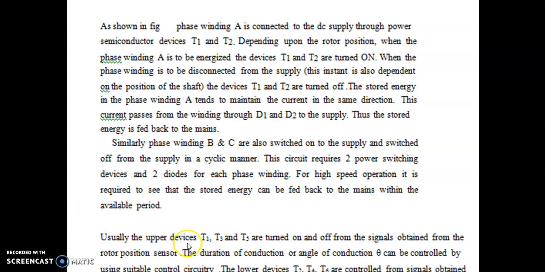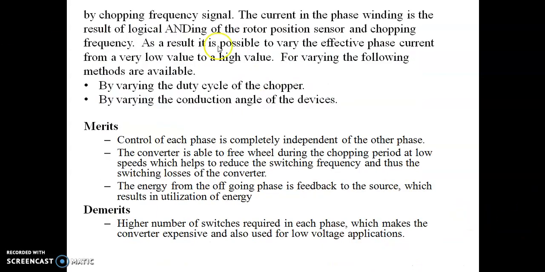Usually, the upper devices T1, T3 and T5 are turned on and off from the signals obtained from the rotor position sensor. The duration of conduction, or the angle of conduction theta, can be controlled by using suitable control circuitry. The lower devices T2, T4 and T6 are controlled from the signals obtained by chopping frequency signals.